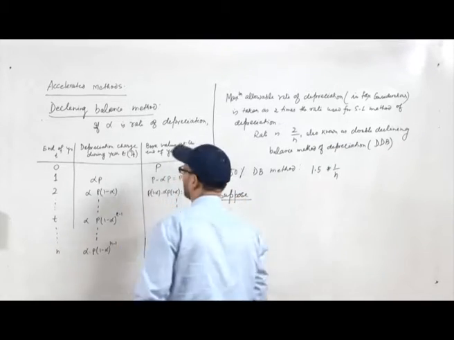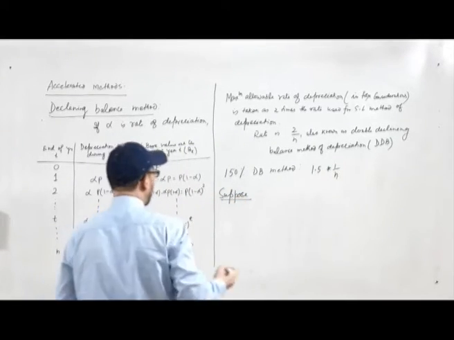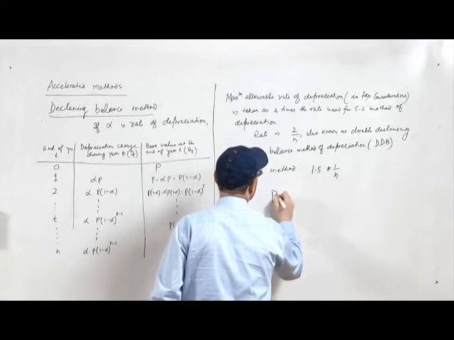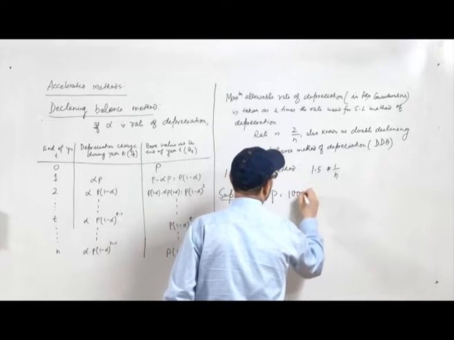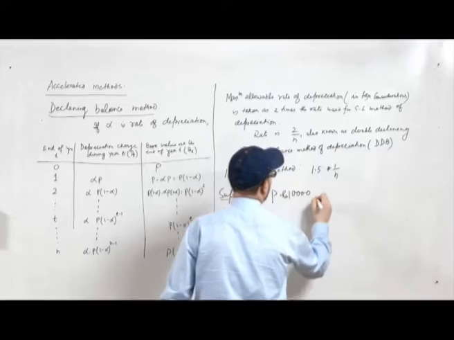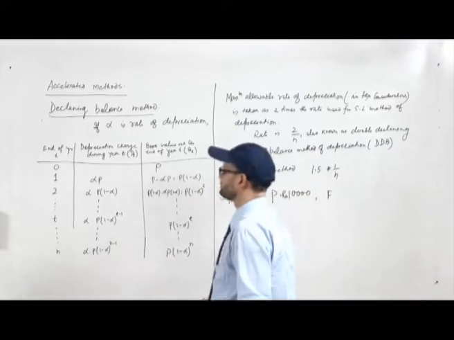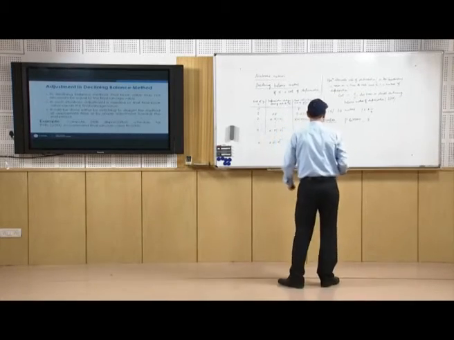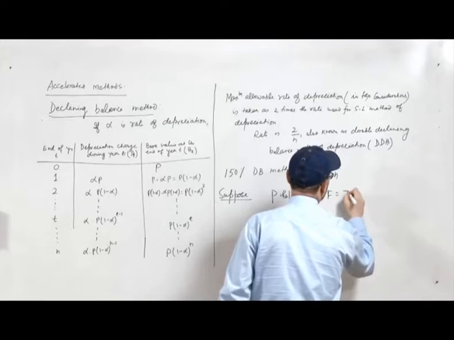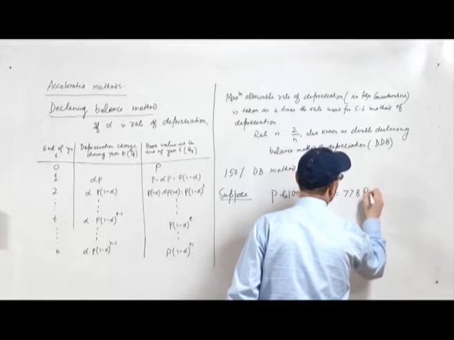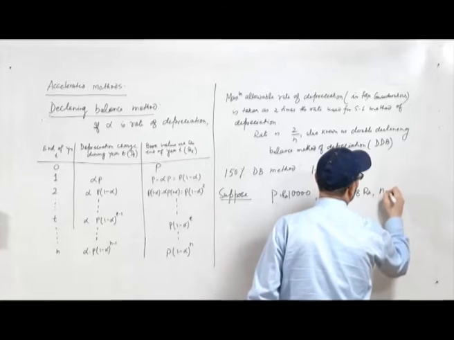we deal with a problem where you have P as 10,000 rupees, F as 778 rupees, N as 5 years.